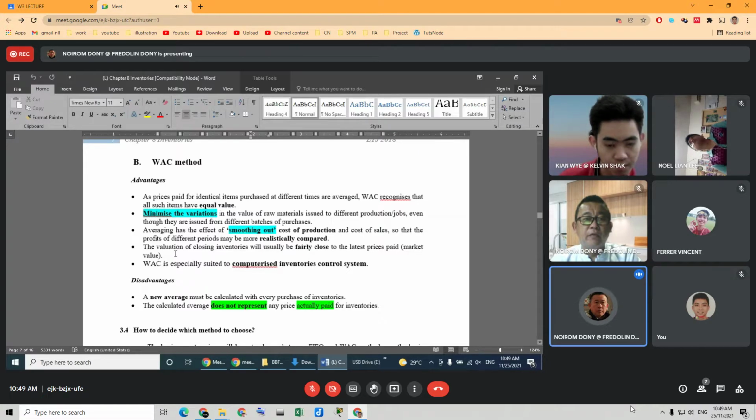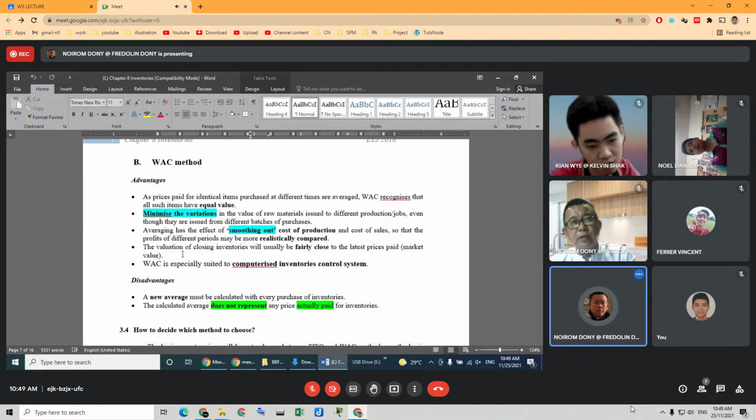And the fourth one, the valuation of the closing inventory will usually be fairly close to the latest price paid. Even though the price is not 100% accurate, it is more or less the same. It's not too far from the actual price because we do averaging.